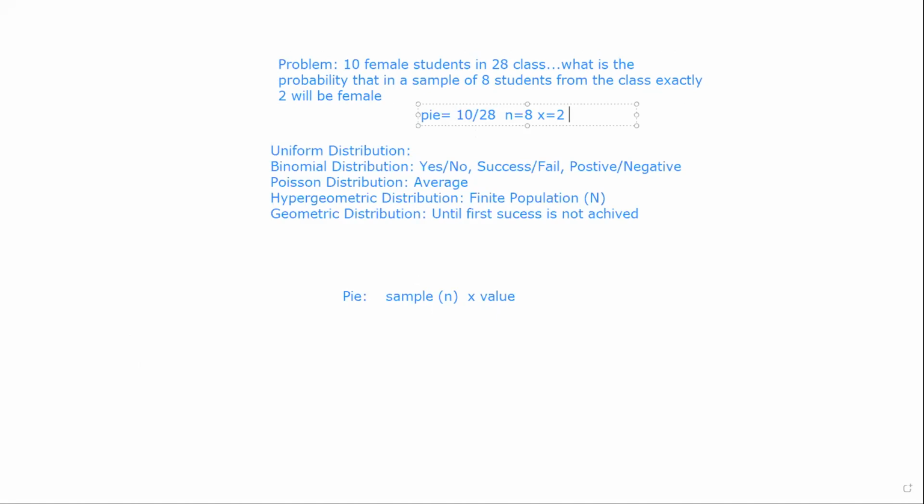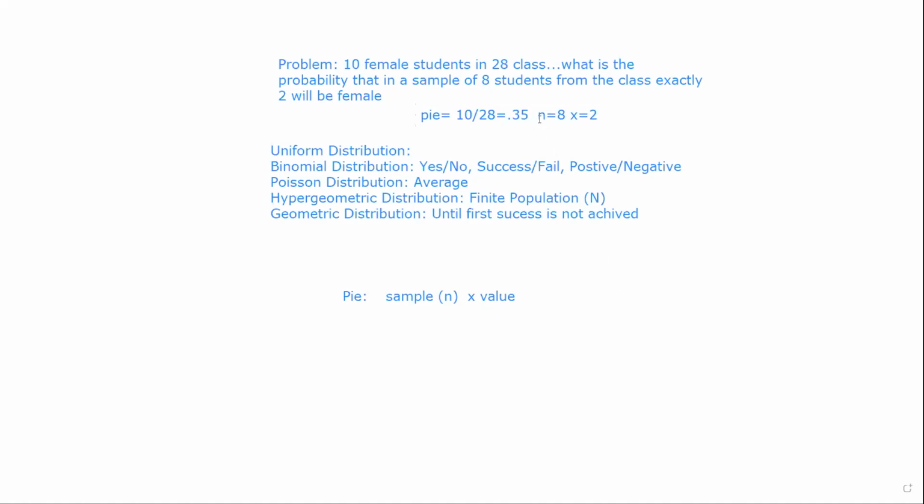If I calculate this in decimal, 10 divided by 28 becomes almost 0.357. Let's take a round figure of 0.35. So pi is 0.35.